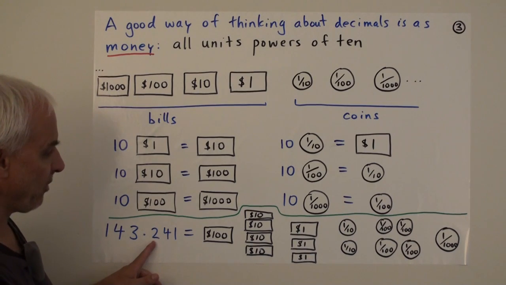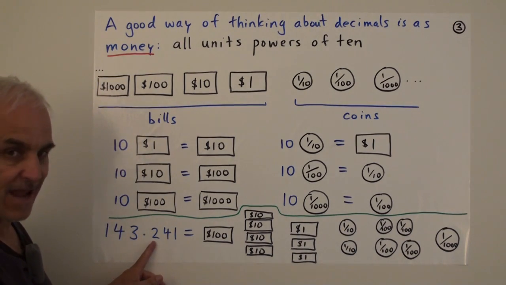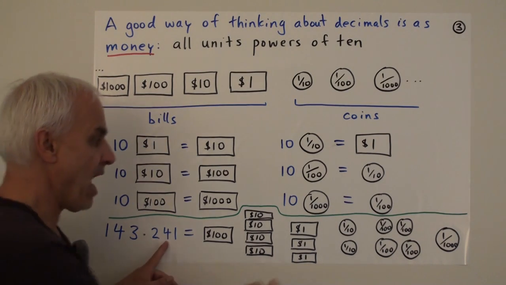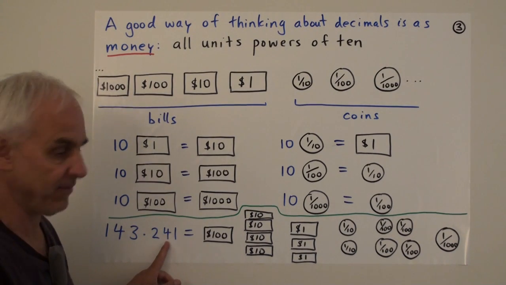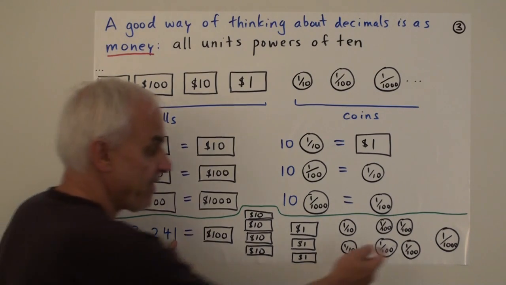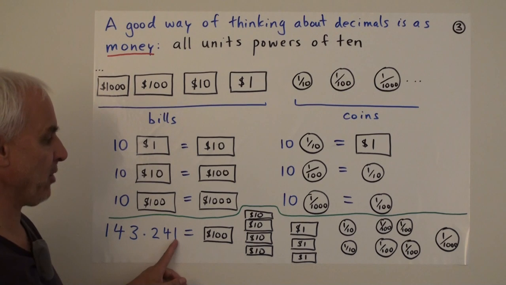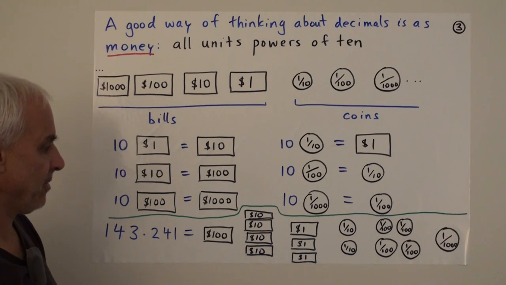Then this 0.2 would represent 2 10-cent pieces, or 2 1/10th coins. The 4 would represent 4 1/100th coins, which we would say is a 1-cent piece or a penny. And the 1 here represents 1 1,000th coin, of which we don't actually have any in our numerical system, but you could imagine perhaps that there might be such a system.